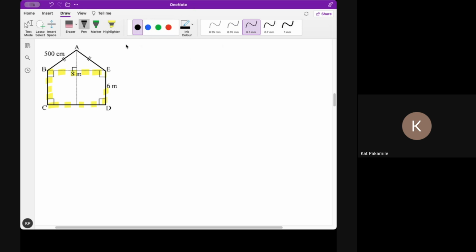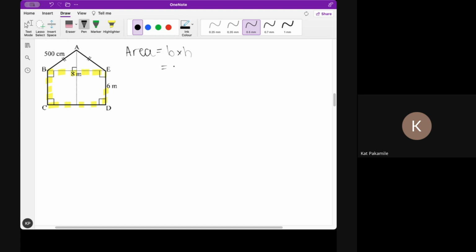Okay. Formula for area of a rectangle. Can I have it, please, in the chat? Area equals length times breadth, or breadth times height. Doesn't matter. Okay, I'm going to stick to breadth times height because that's the one I gave you in the formula sheet.